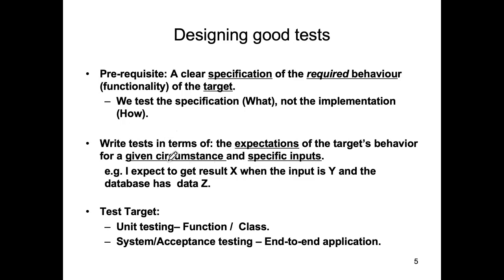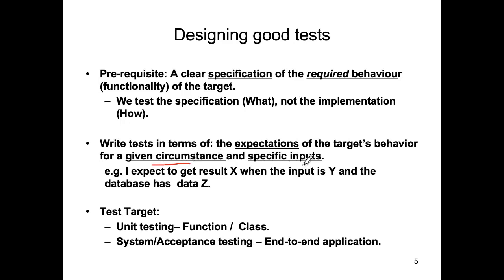Or if you're developing a function, let's say a JavaScript function, and that function is processing an array, just like we had with the reducer earlier on, then the initial value of that array would constitute the circumstances of our tests.